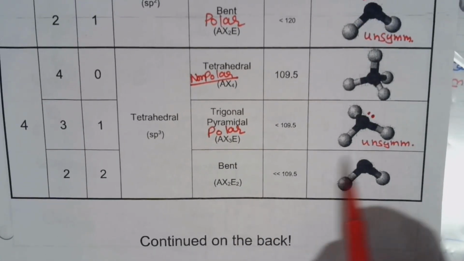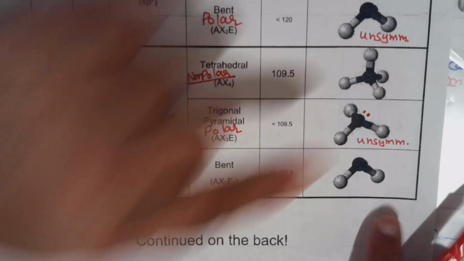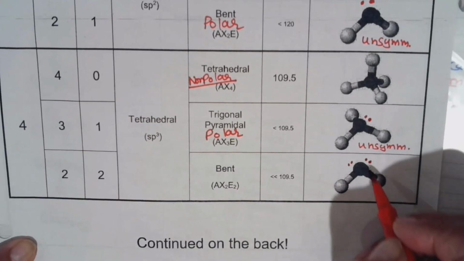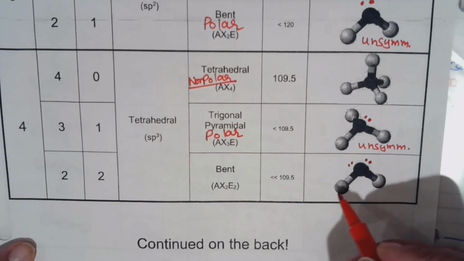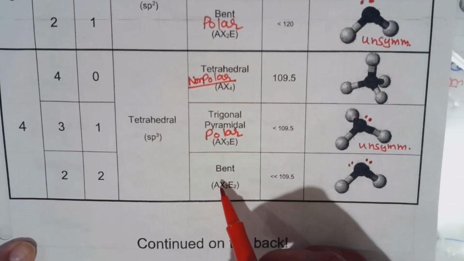And then if you replace another one with a lone pair, right? Now there are two lone pairs. Two of the bond pairs in the tetrahedron are gone. So there are two lone pairs now, and this shape is bent.